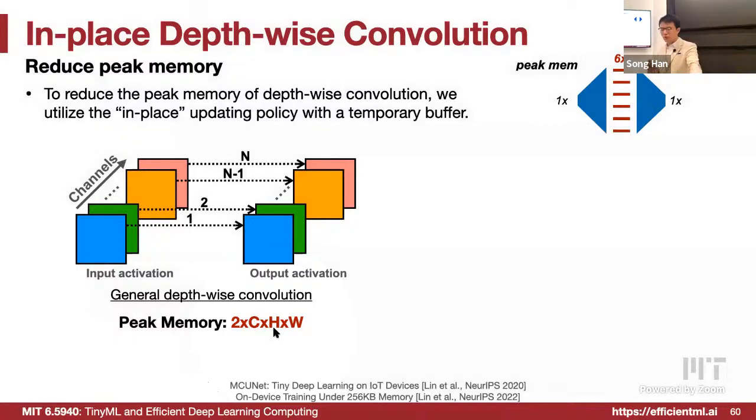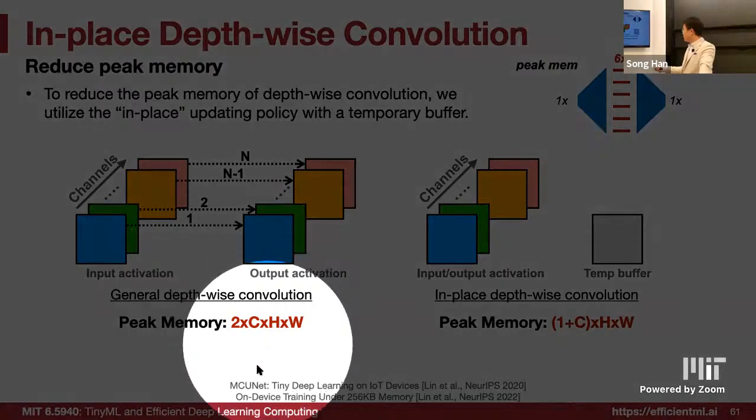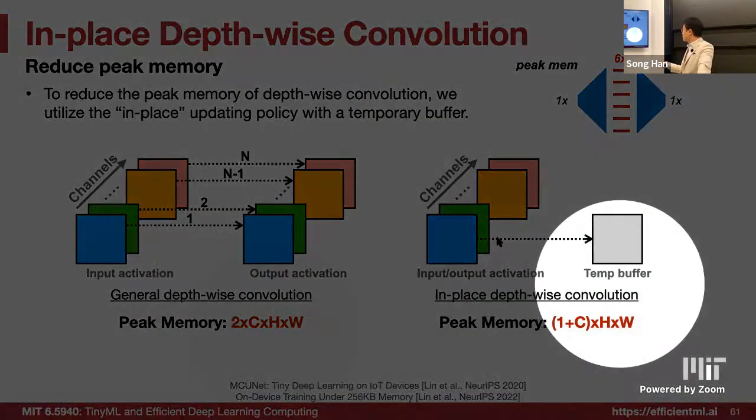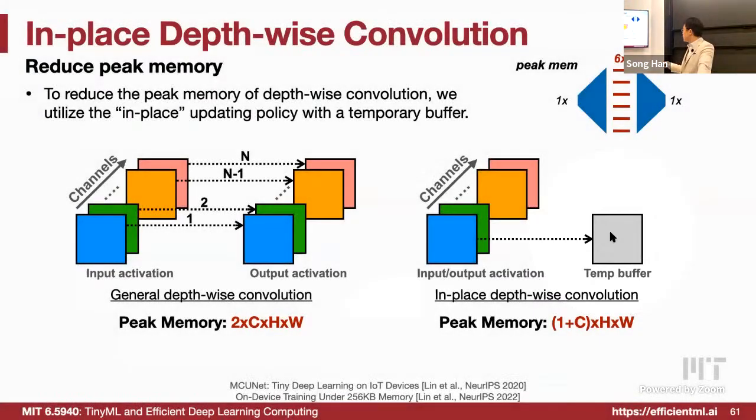So what we find in this MCUNet v2 paper on the bottom here is that we can do in-place depthwise, which is basically allocating a temporary buffer. And then when we are working on the first channel, we write it to this buffer to compute, and then we write it back to the first channel.